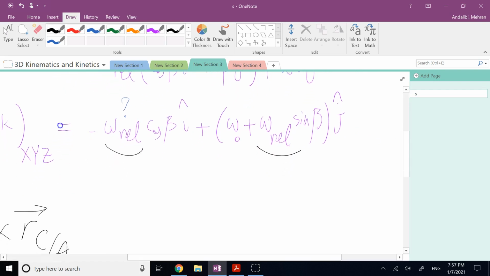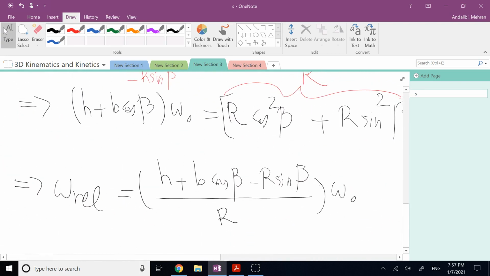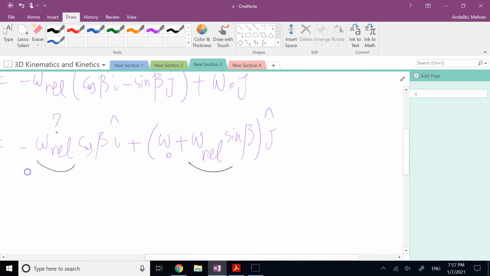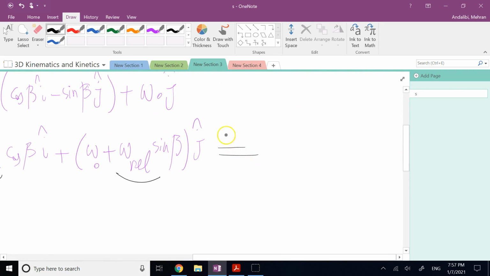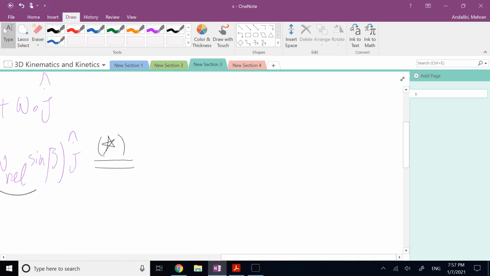So if I plug that omega relative, which I call equation star, in here and simplify, this is going to be equal to the omega of the disk with respect to the world frame.